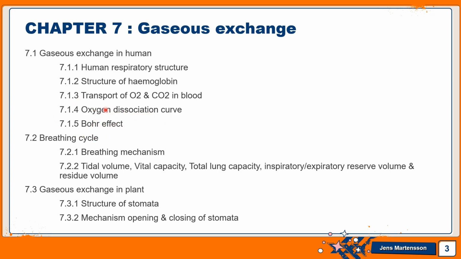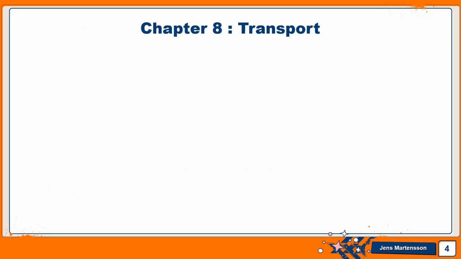The first time you learn them, maybe you don't know what it is talking about, so you have to put more effort into these. Okay, so that's all for chapter 7.